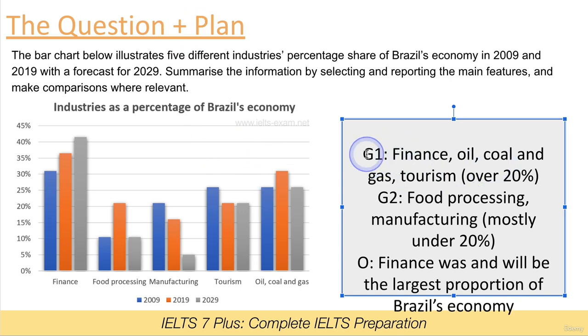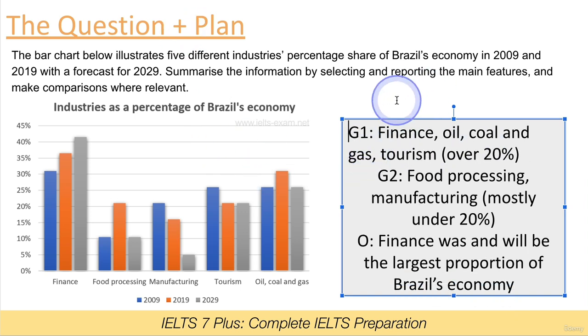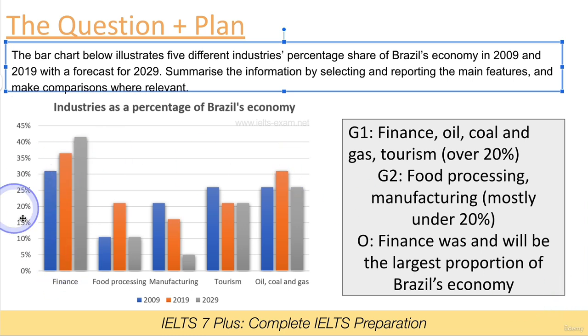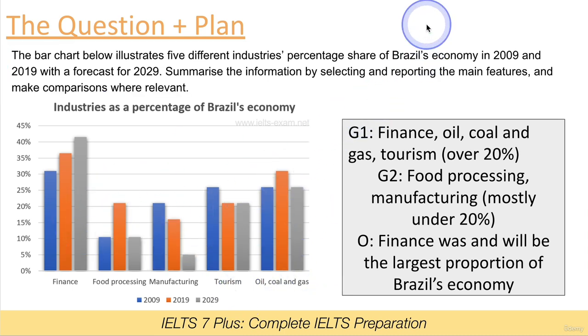Not a problem. We'll just move that up. Okay, so we could talk about finance in the overview. We could also mention perhaps manufacturing or something else if we want to, but really this is just a sweeping statement to summarize what we're seeing in front of us. So we don't have to worry about it being too long. We can make it quite short.